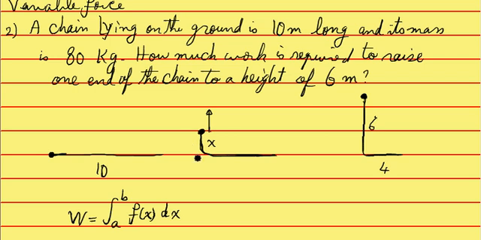We need several things. One is that if this whole chain is 80 kilograms and it is 10 meters long, then its mass per unit length, the chain has a so-called linear density, or mass per unit of length, of 80 over 10 kilograms per meter.